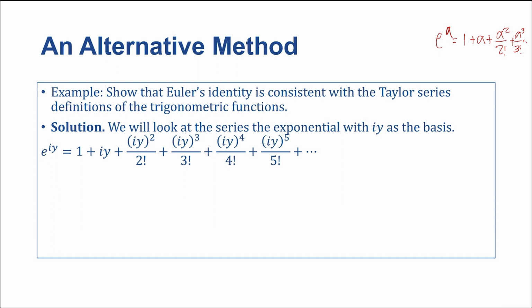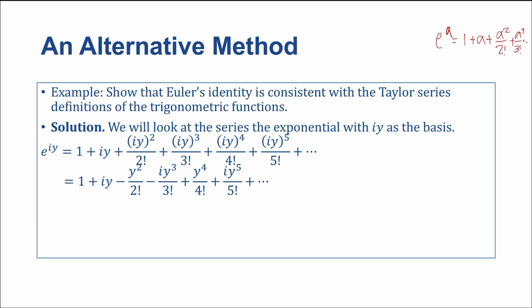So for e to the iy, we can just plug in iy for alpha. We get 1 plus iy plus iy squared over 2 factorial, plus iy cubed over 3 factorial, plus iy to the 4th over 4 factorial, plus iy to the 5th over 5 factorial. Okay, we can distribute the powers into the iy term, and this will give us certain sign changes.